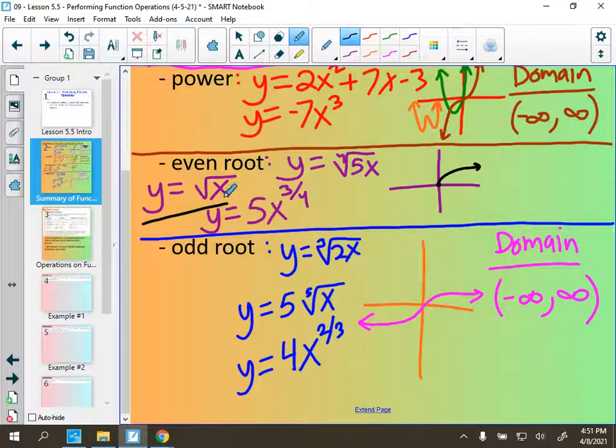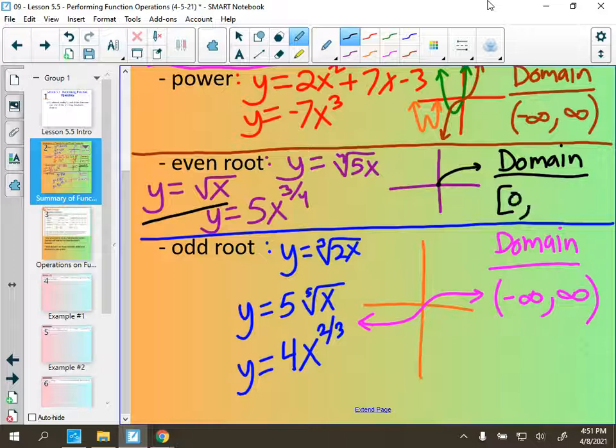If I tried to plug in a -2 here and calculate it using my calculator, it would say error, domain error. So that's why, with everything else we've talked about goes left, right forever, this one didn't go left forever. It went right forever. So we have what we would call a restricted domain.